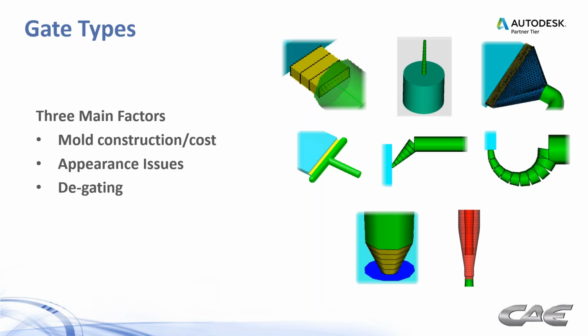Maybe in some areas yes, maybe in some areas no. So that plays into where we can and can't gate. And then degating is a big thing, of course, whether or not you want the expense of manually trimming the gate, or if you need automatic degating. All of those factors go into determining what type of gate you're going to use on your particular mold.